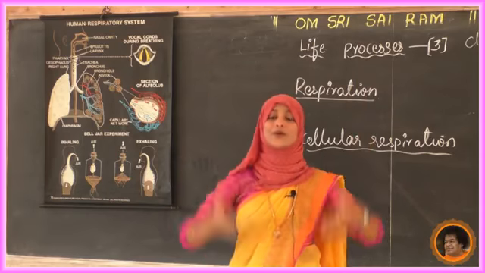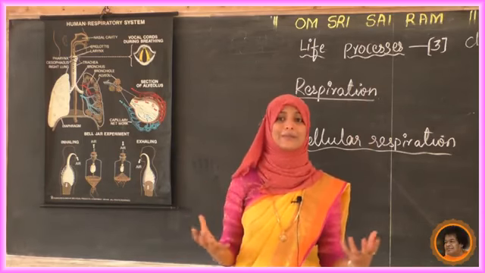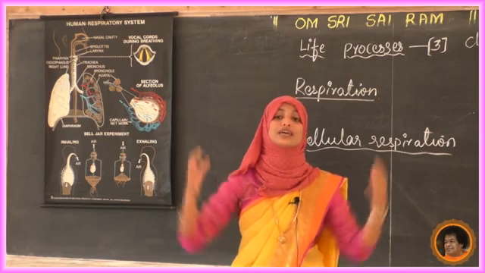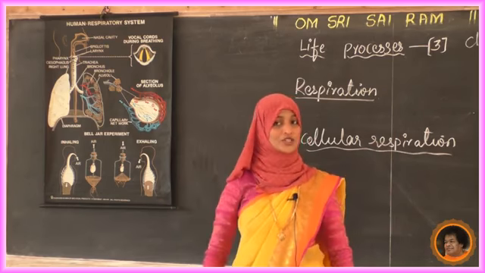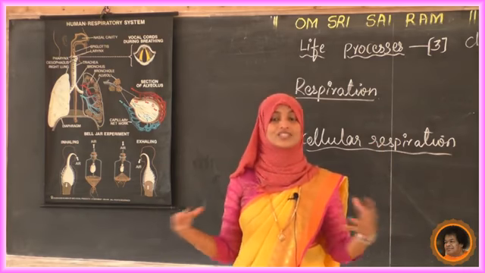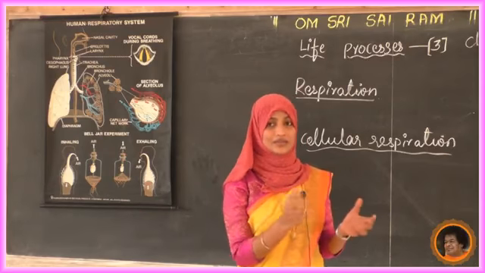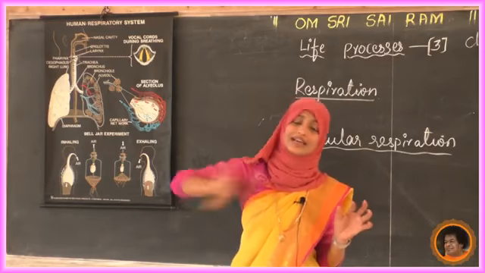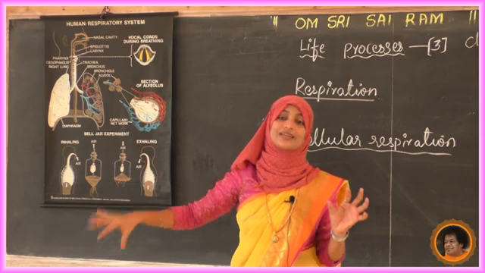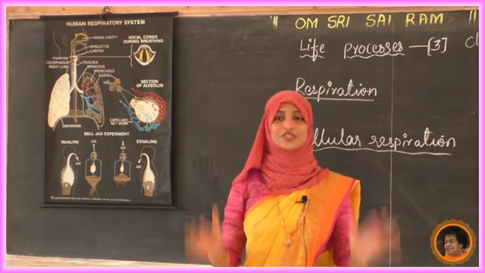Totally, it passes the gases till the blood capillary, that is, till the alveoli it passes the oxygen, that's all. In the alveoli an exchange takes place: they collect the carbon dioxide, and they give to the blood capillaries, which collect the oxygen. So that's all about the respiratory system.